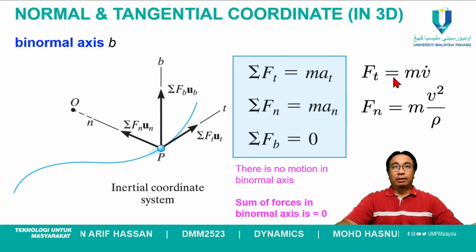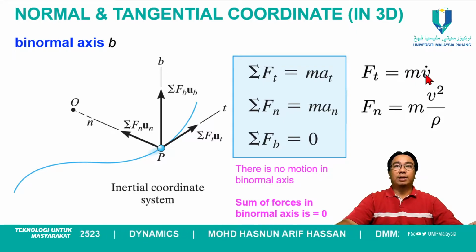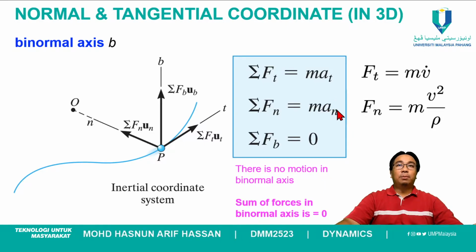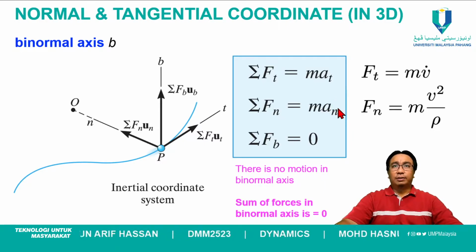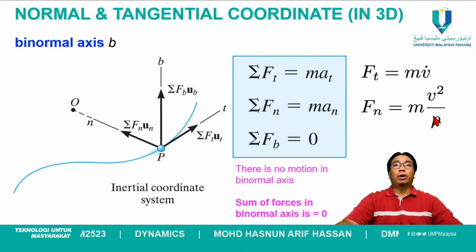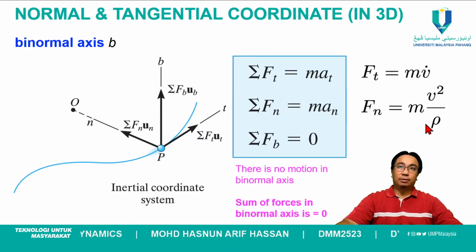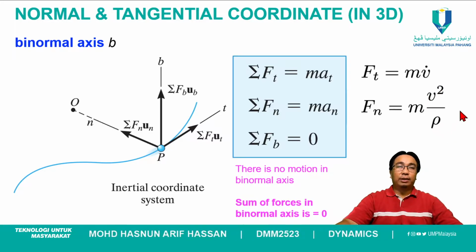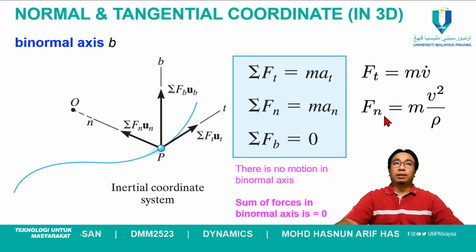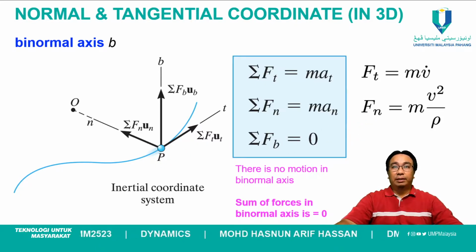So we can rewrite the equation: Ft is also equal to m times v dot. And for the normal component of acceleration, a_n is equal to v squared over rho. This is one formula that you should remember. V squared over rho. V is the velocity of the particle.